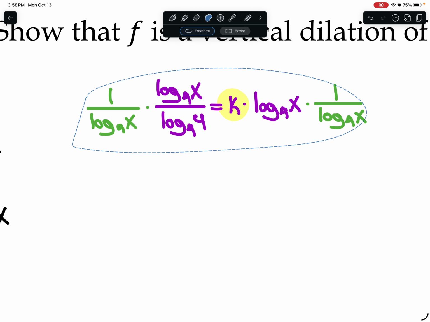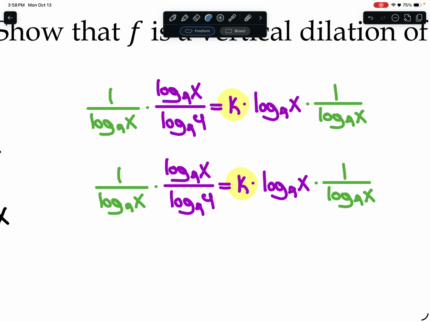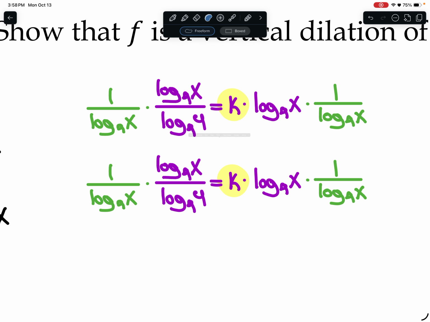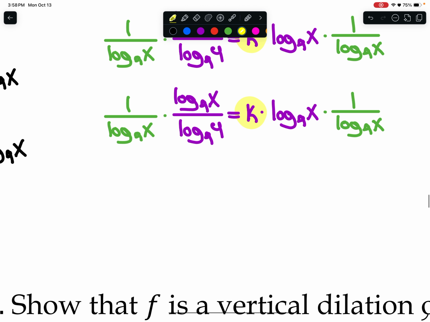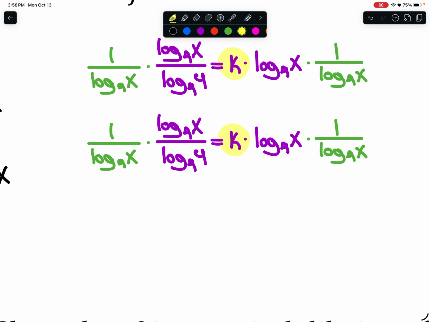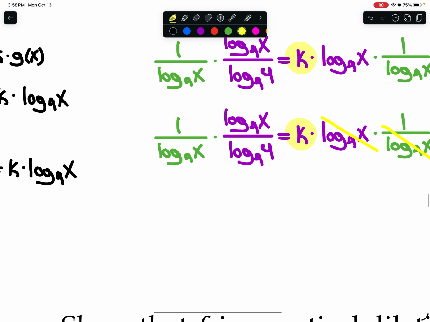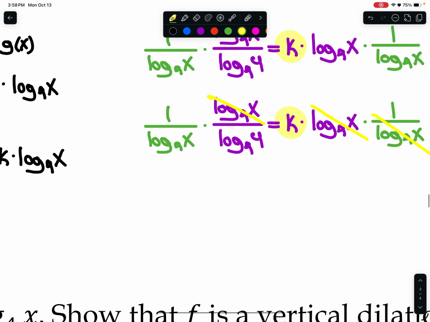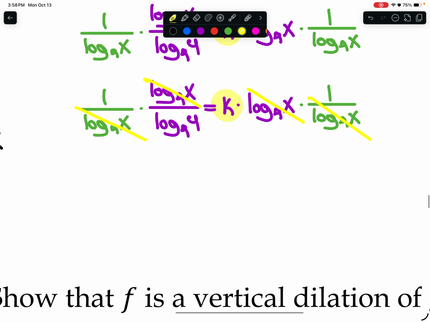Okay, so I'm going to create a new row just so you can kind of see what's happening. So on the right side, the log base 9 of x is going to simplify with the log base 9 of x, and then on the left side, log base 9 of x divided by log base 9 of x. So what's left is we're just going to have k equals 1 over log base 9 of 4.